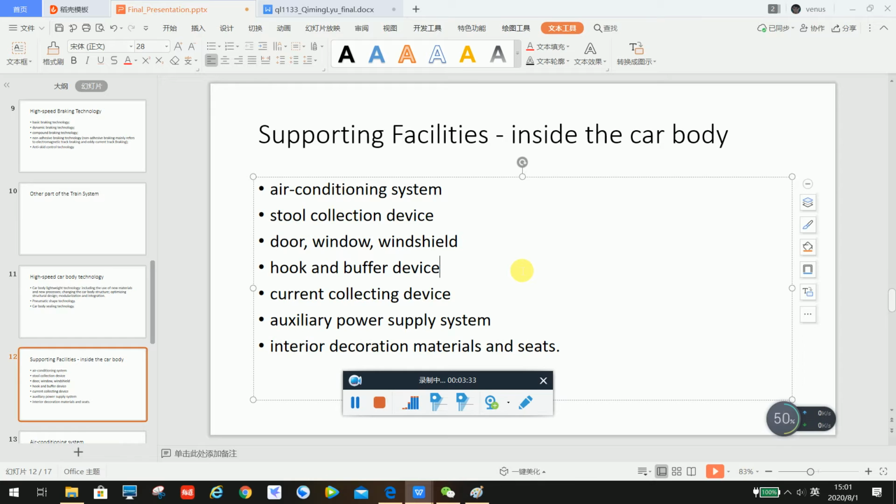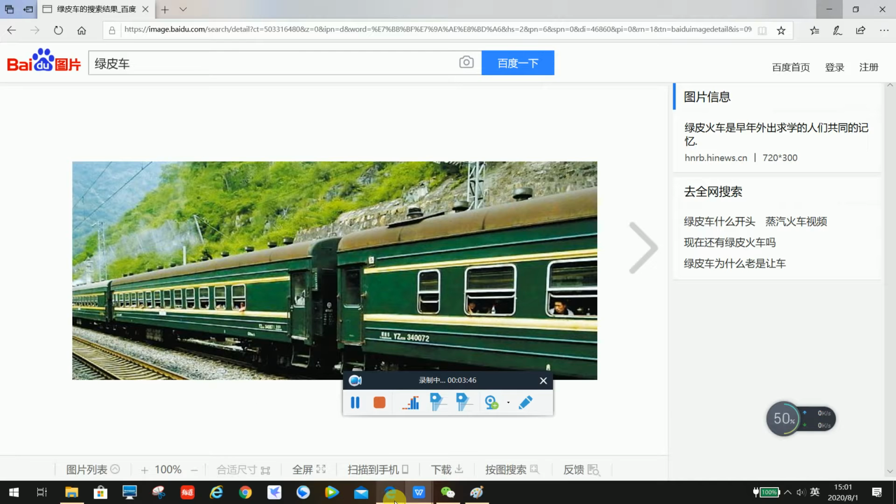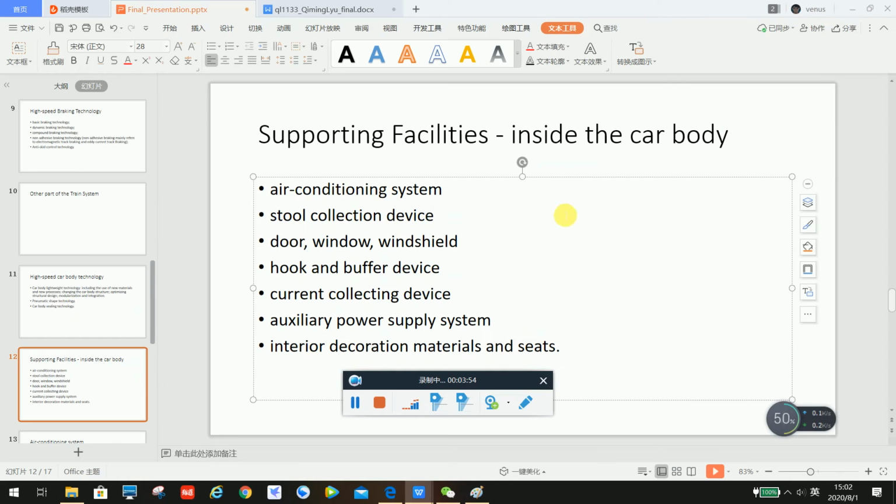So it needs a good air conditioning system to move the air from the outside into the train. In this train, we can only change the air through the window, but in the EMU train we can't do that. So we need a very good air conditioning system.